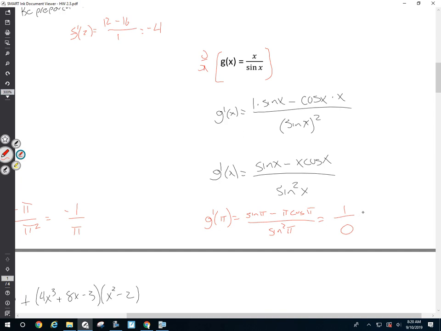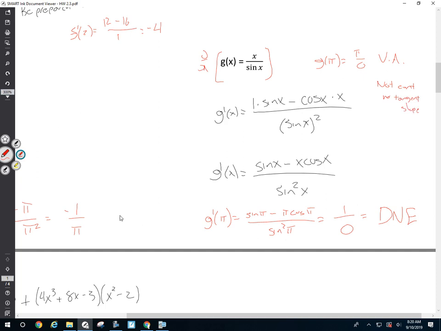Does not exist. It's important. I shouldn't have asked you pi for this situation because g of pi is pi over 0, which means it's a vertical asymptote. It's a non-removable discontinuity. So no point, no tangent slope. Not continuous, no tangent slope. I'm going to leave that like that.